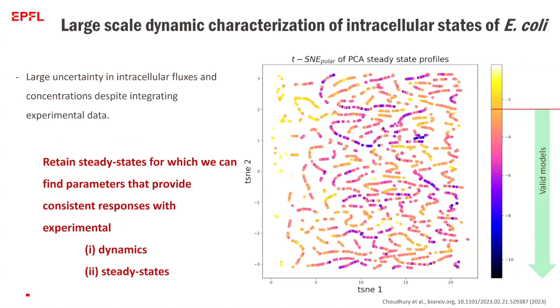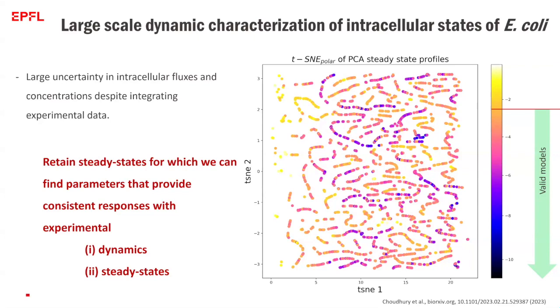Out of these 5,000 steady states, it turned out that something like 74% of the steady states allowed good dynamics, whereas you could really trash the remaining 26% of the models. So this allows you, in fact, to reduce the uncertainty also in the steady states.